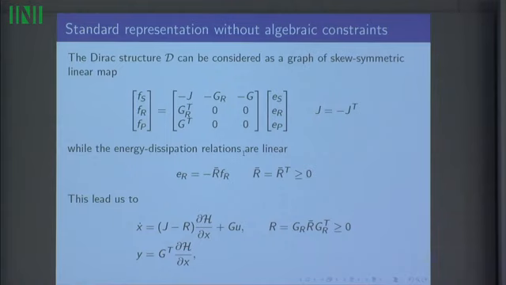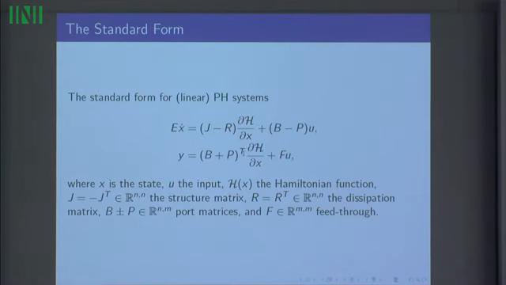When we put them all together and plug in what Fs and Es were, we get this system. It can remind you of a Hamiltonian system, just with the dissipation here and also an input and output. This is generally how they look.